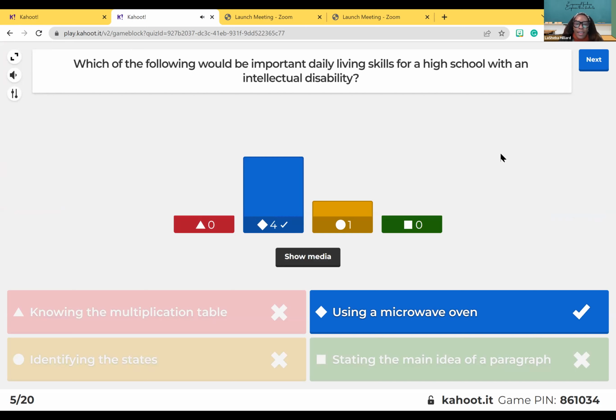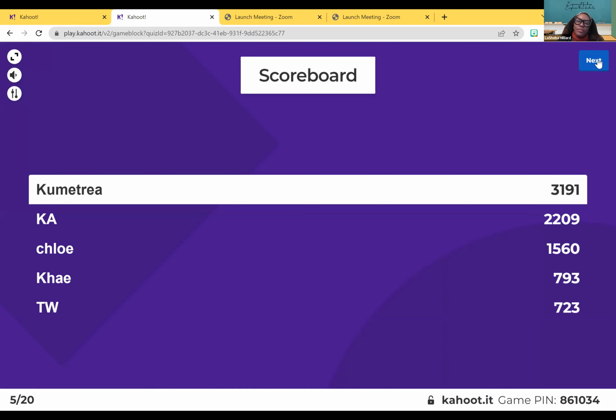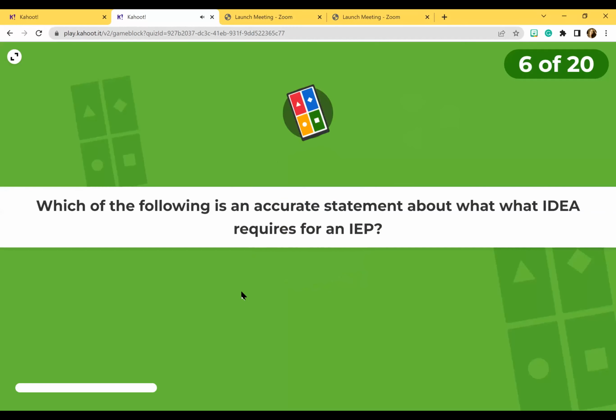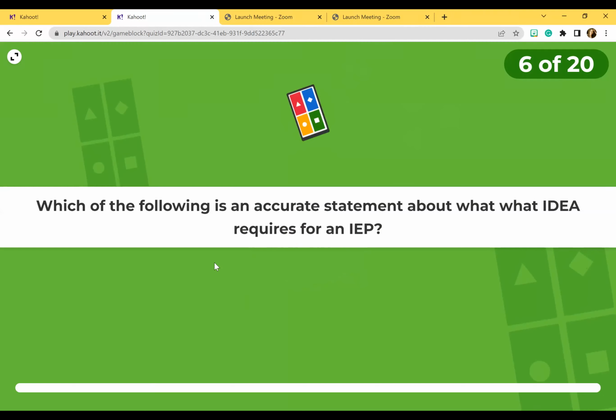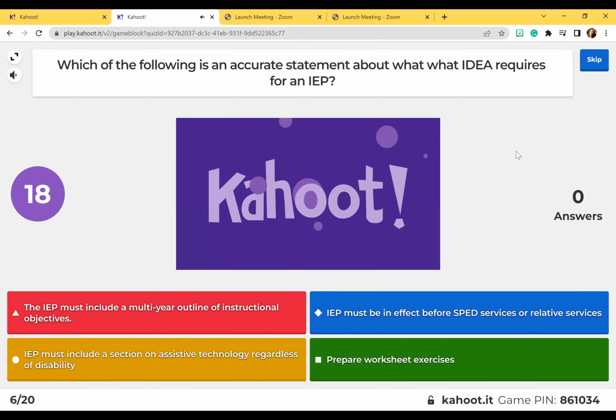Can anyone tell us why? Why is that a daily living skill? Because you have to be able to warm up your food. Right. Absolutely. That's important for our students with an ID diagnosis.